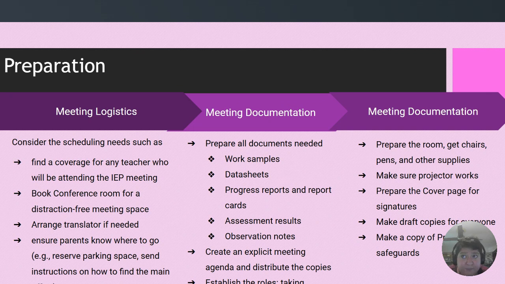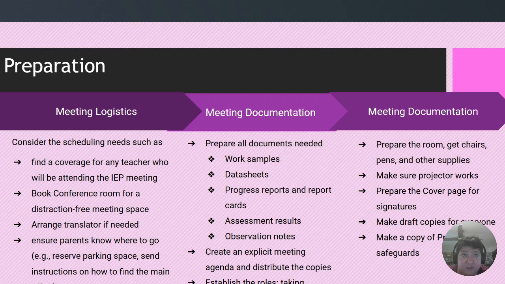Also, before the meeting, we need to be prepared. We need to prepare all the documentation: work samples, IEP copies, data sheets, progress reports, assessment results, observations, anecdotal records, anything we need to talk about at the meeting. It depends on whether the meeting is initial.